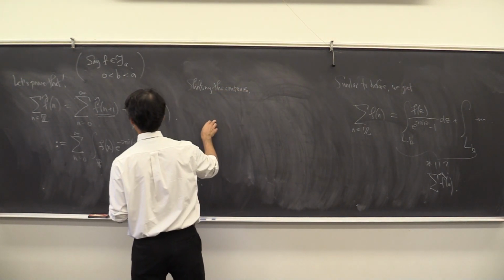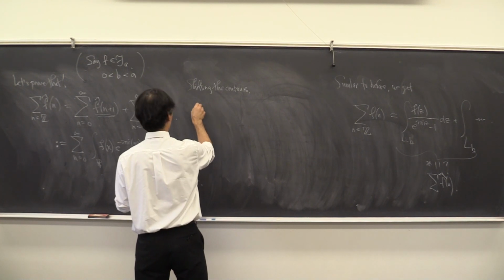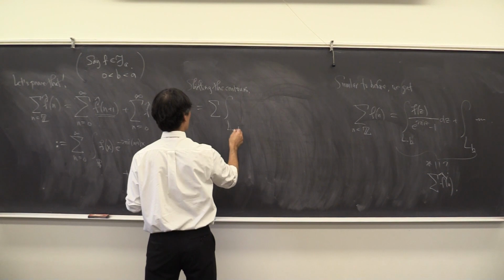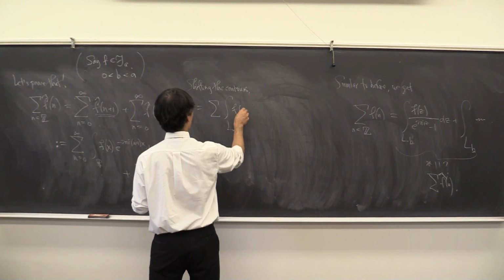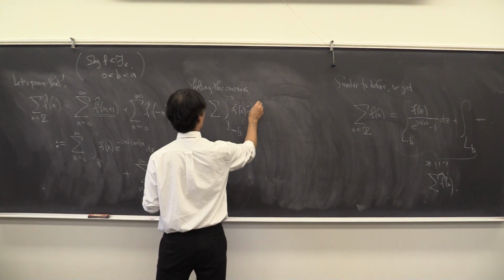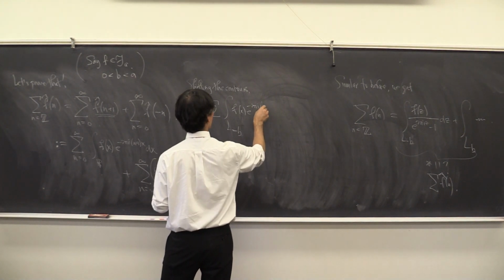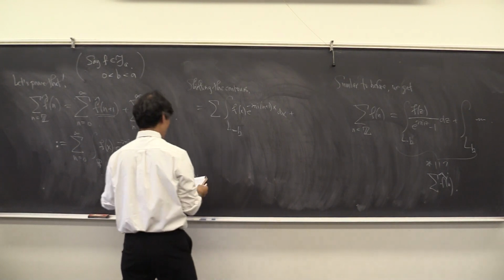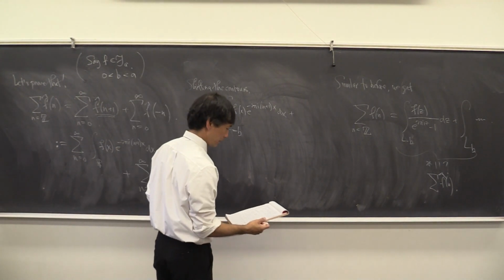We get the summation of the integral over the negative b line plus the integral over the positive b line.